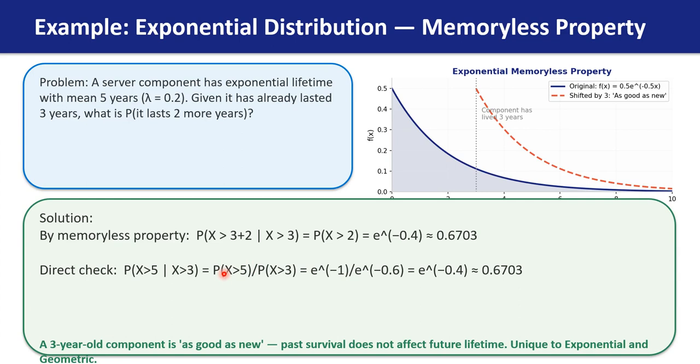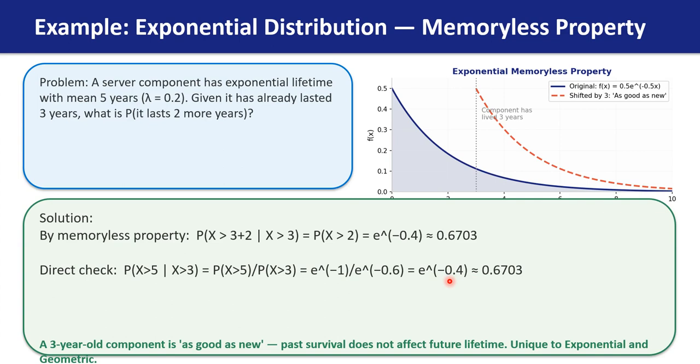P of X greater than 5 equals e to the minus lambda times 5, which equals e to the minus 1. P of X greater than 3 equals e to the minus lambda times 3, which equals e to the minus 0.6. The ratio is e to the minus 1 divided by e to the minus 0.6, which equals e to the minus 0.4. Same as before. This is remarkable.